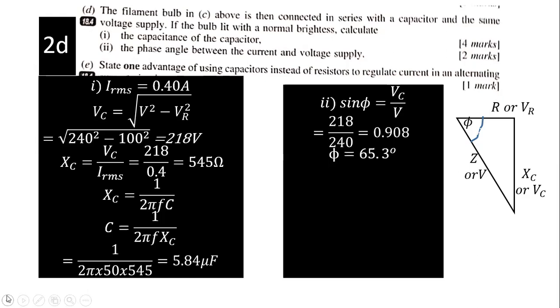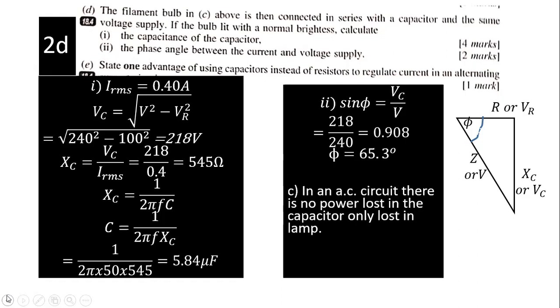So what's the advantage? No heat is lost in a capacitor. With a resistor, you get heat loss. In an AC circuit, there is no power loss in the capacitor, only loss in the lamp. That's the advantage.